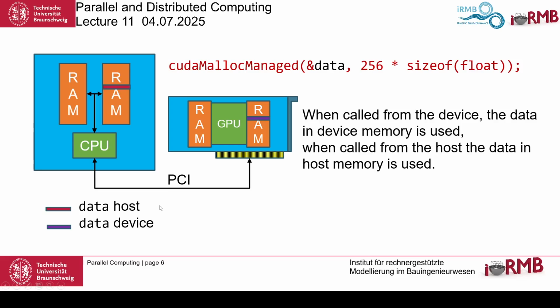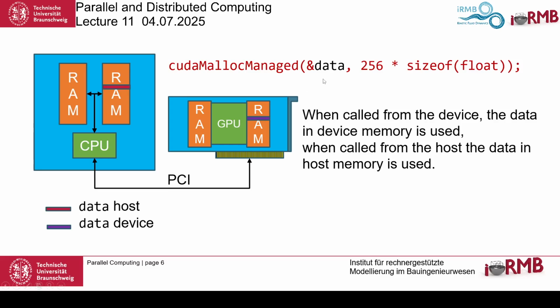You need to know this when you call the same function from the host, using the same pointer. And I remind you, if you use CUDA malloc managed, then we use one pointer for memory on the host and memory on the device. We access both of them with the same pointer. However, they are different memories.